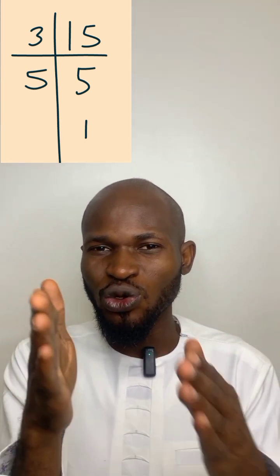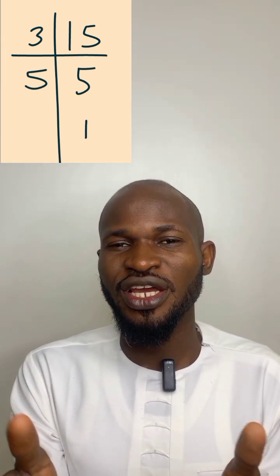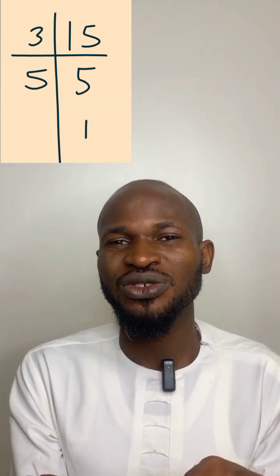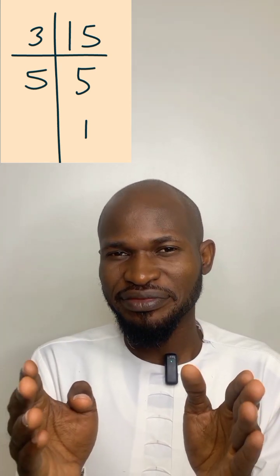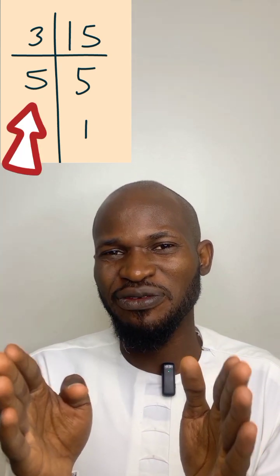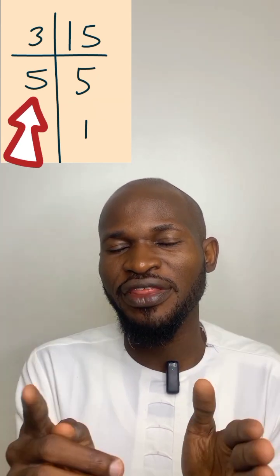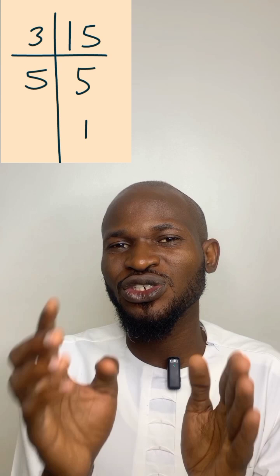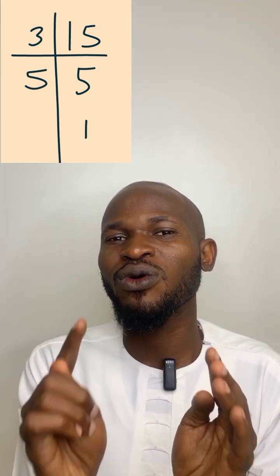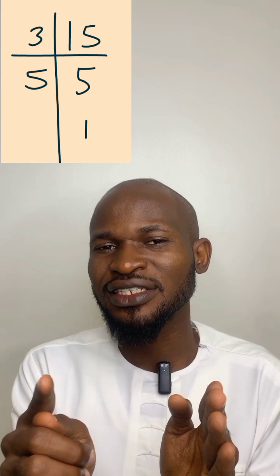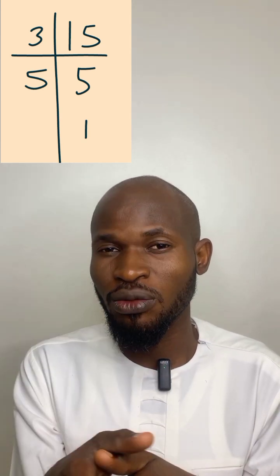So now, look very well at your screen. Look at the calculation right now. You can see that at the left-hand side of your screen, you can see 3 and 5 appearing there. Those are the numbers that you used to divide 15 perfectly before you got 1 as the final number appearing under the 15 column.